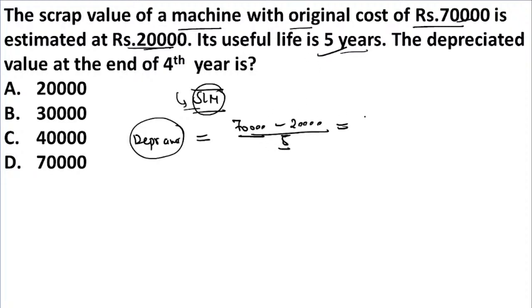Just calculate and tell me what the value will be. That will be 10,000 rupees. That is known as your depreciation amount, and we know that in the straight line method the depreciation amount is the same for every year.